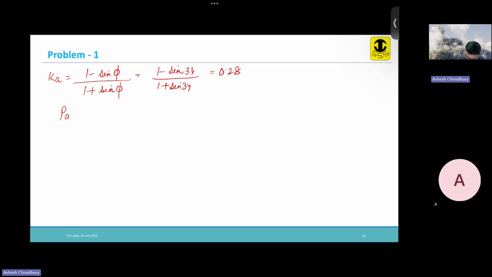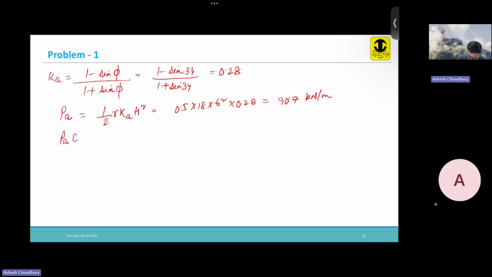Now, what is the PA that is acting? Active earth pressure, in Newton per meter.